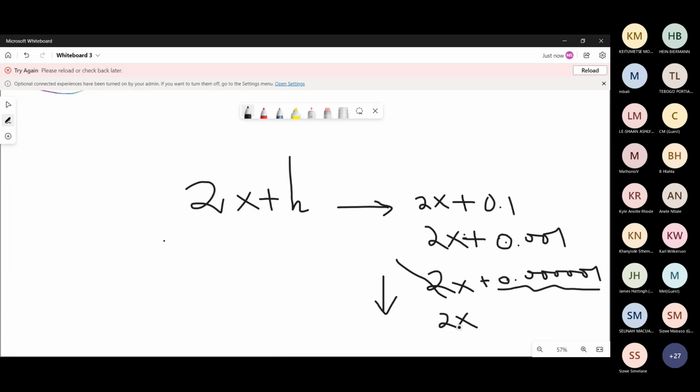So we ask how this number varies if h becomes very, very small. This will simply come to nothing, and we remain with simply 2x. Does that make sense?